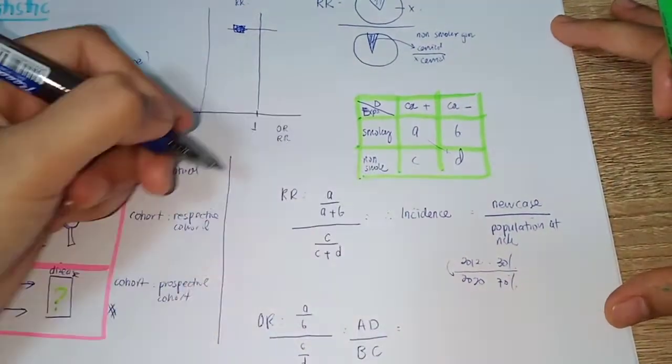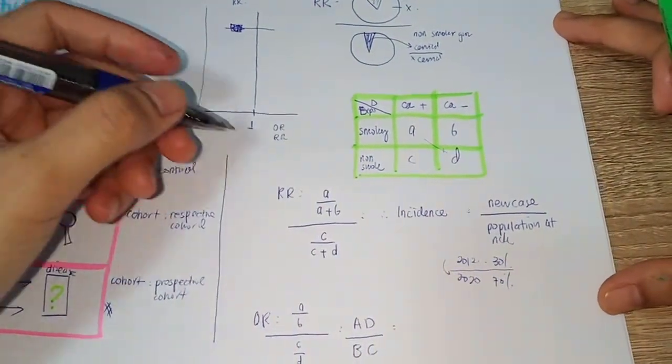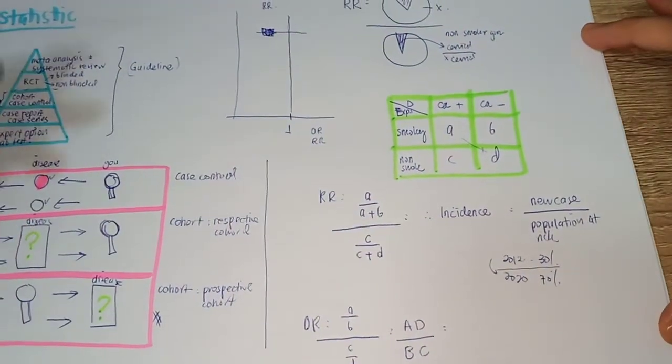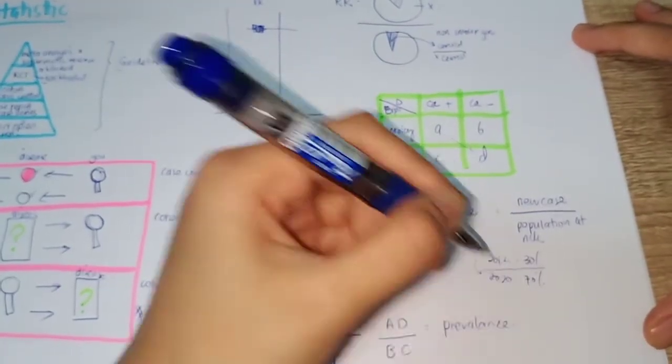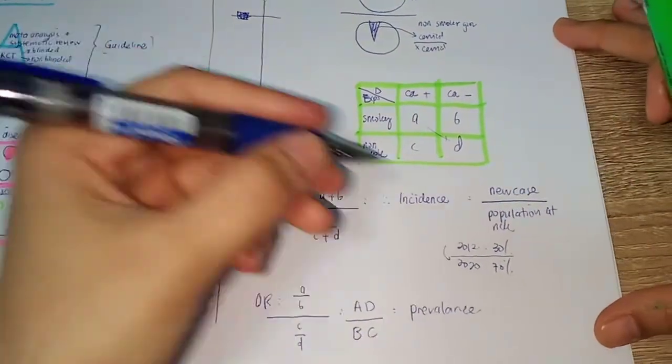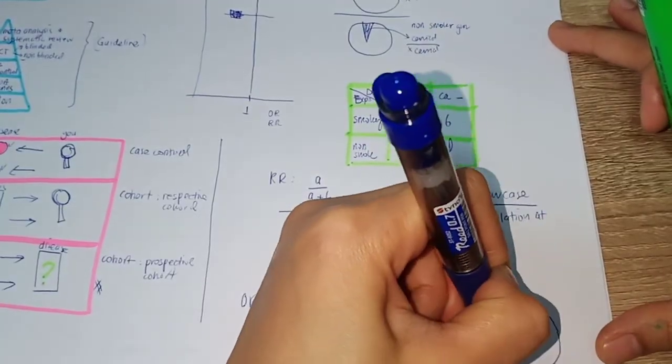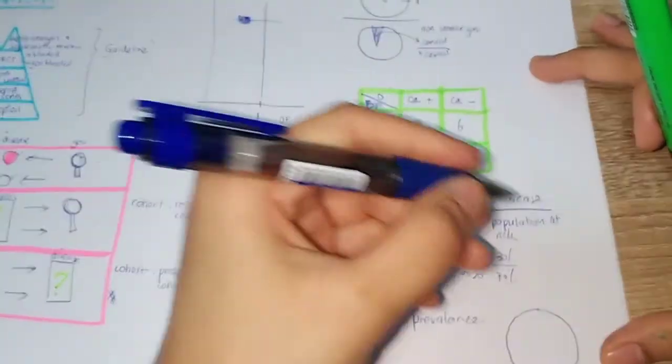Okay. So what is the odds ratio? Odds ratio, basically, tells you the prevalence. Why prevalence? Because you want to see it as a whole.